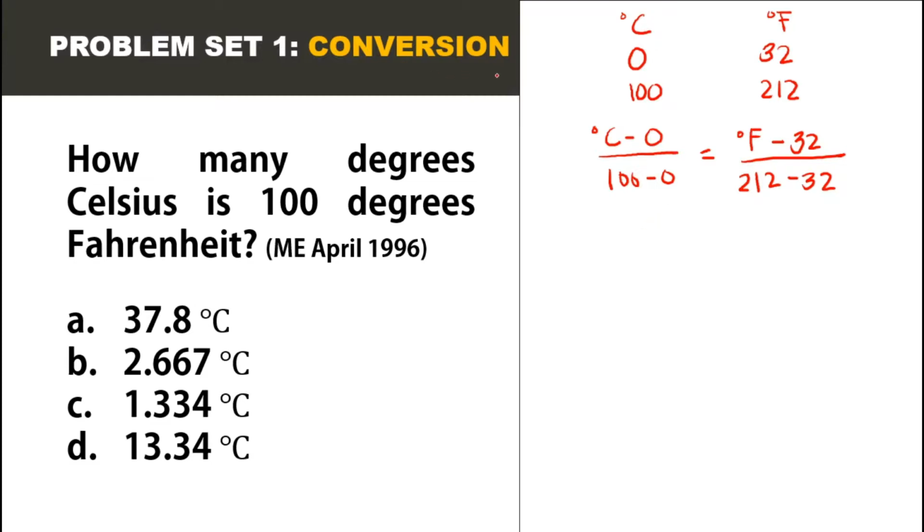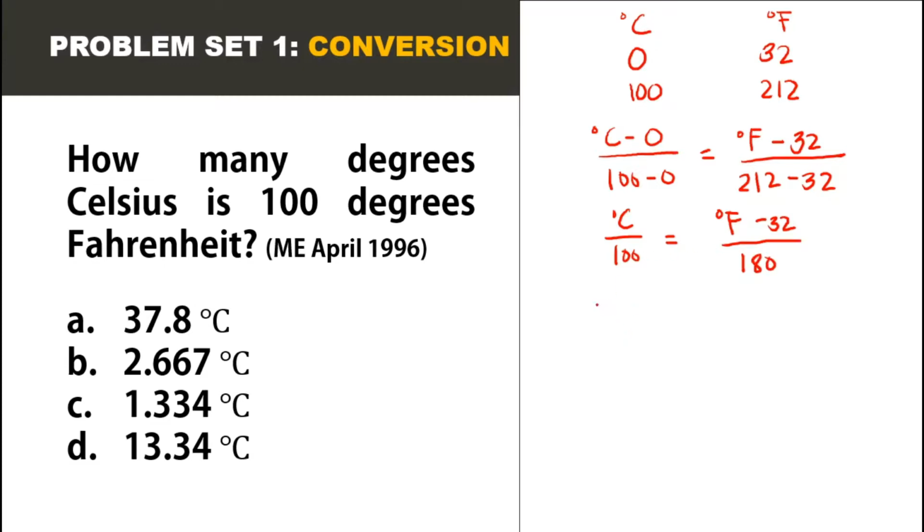So we can simplify this. Degrees Celsius all over 100 is equal to degrees Fahrenheit minus 32 all over 212 minus 32, and this is 180.